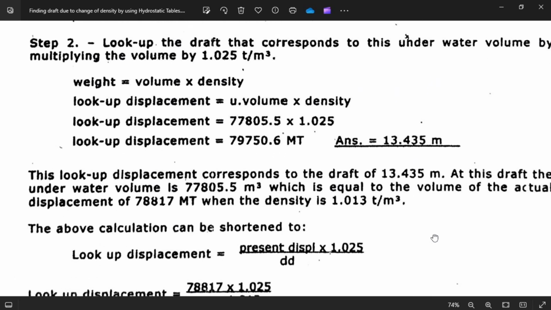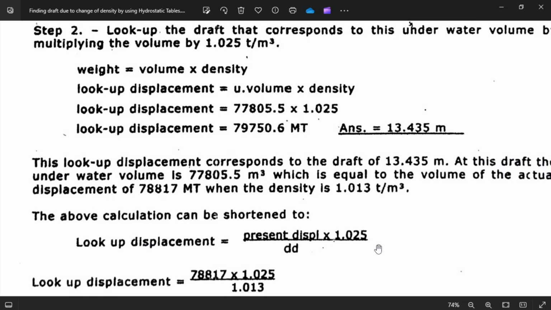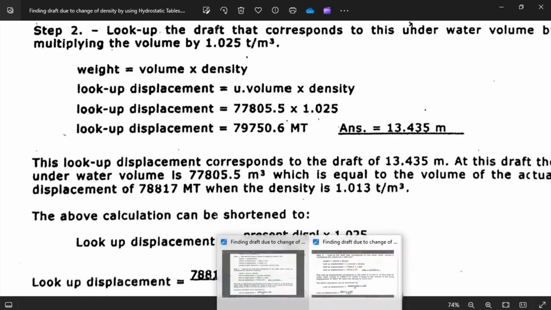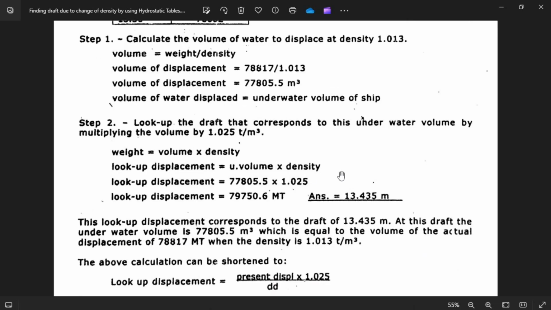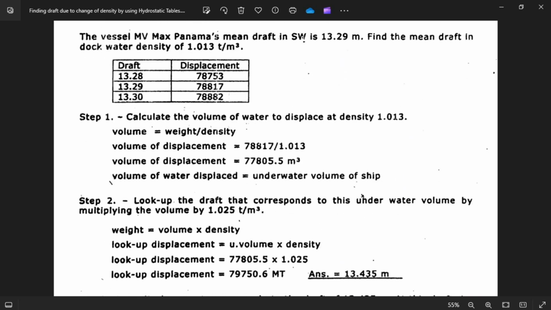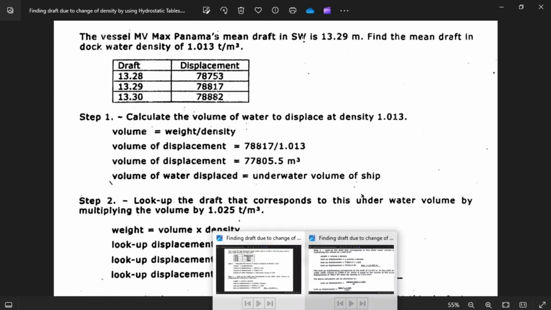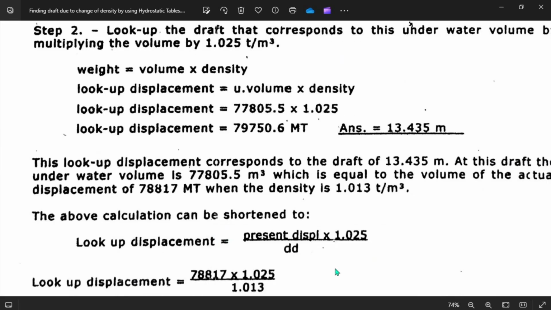So since this is salt water, you multiply it with salt water 1.025 over your local density of 1.013, which is this one, and the resultant value will be, what will be, this one.